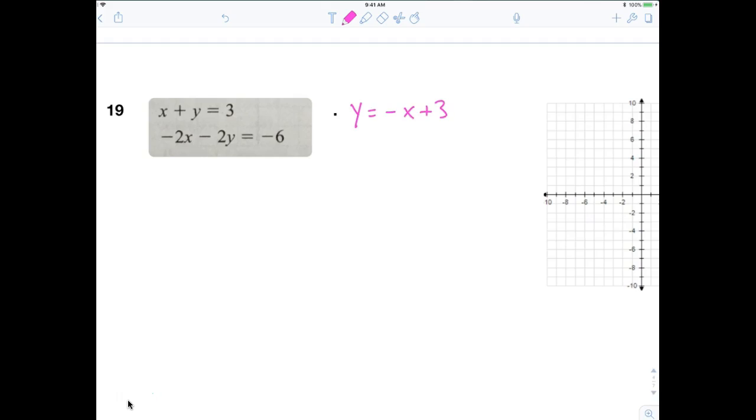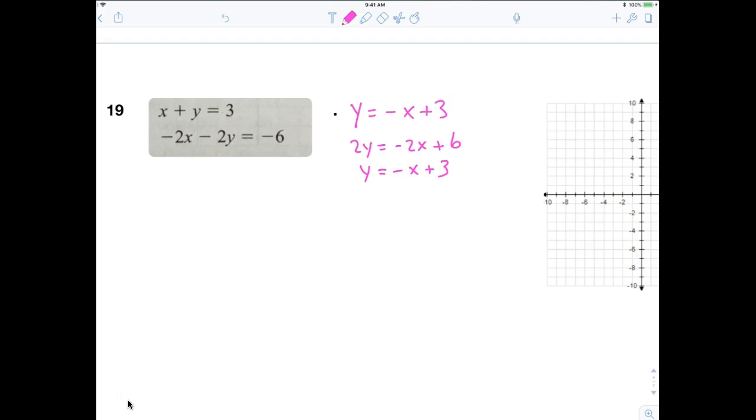Negative x plus 3. And the second equation? 2y equals negative 2x plus 6. So divided by 2 is y equals negative x plus 3.